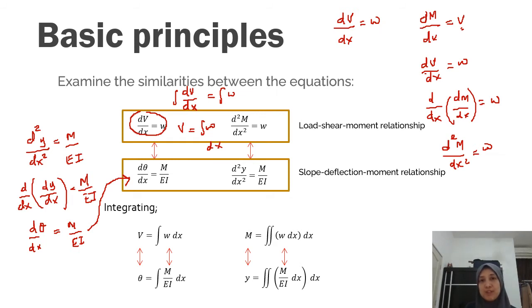If I do the same for my moment, integrating twice, I get my moment. So my shear is the first integration of my load, and my moment is the double integration of my loading.